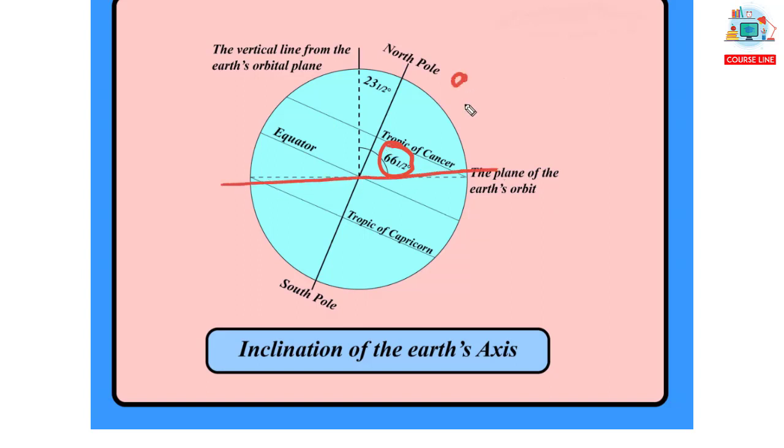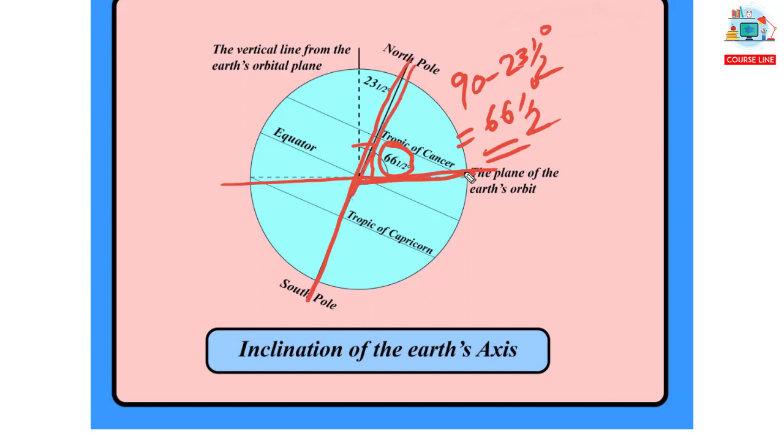Why? Because 90 minus 23.5 degree is equal to 66.5 degree. Okay, this total angle is 90 degree. We will minus 23.5, so the remainder, that is 66.5 degree, is the angle that the axis of the Earth makes with the orbital plane. Okay, this one. Okay, let's go ahead.